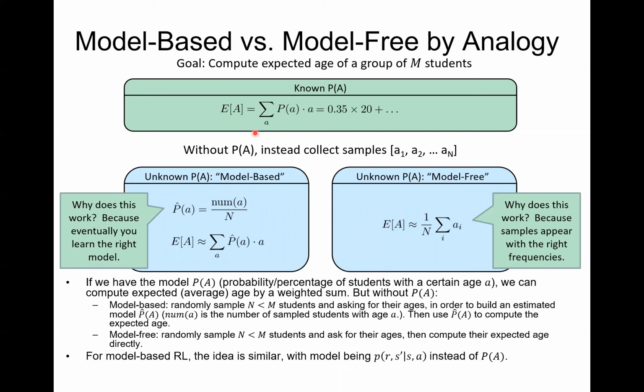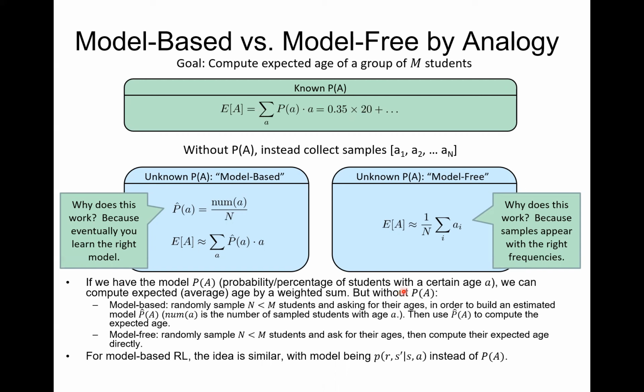Small a is the concrete value of the random variable. So you can compute the expected average age by a weighted sum like this. So you know 35% of the students have age 20 and so on. So you can simply do this weighted sum.